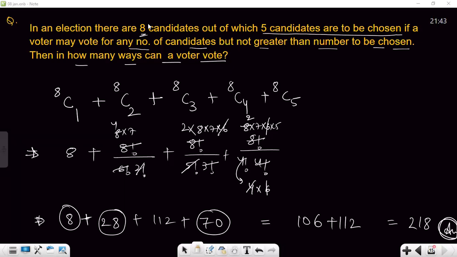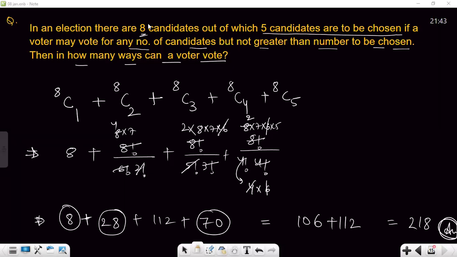Can you now explain how we have solved it? Can you explain what is NCR? Combination NCR. What is N? What is R? The number of selections that can be made when we select R things out of N is NCR.